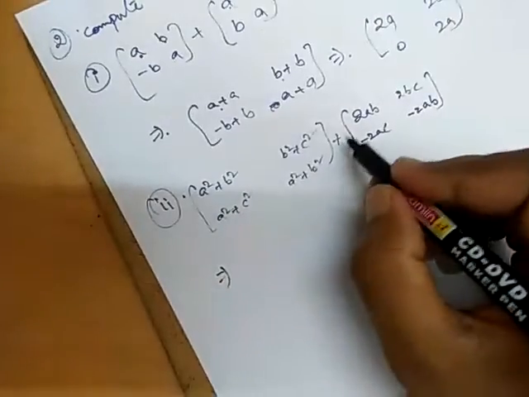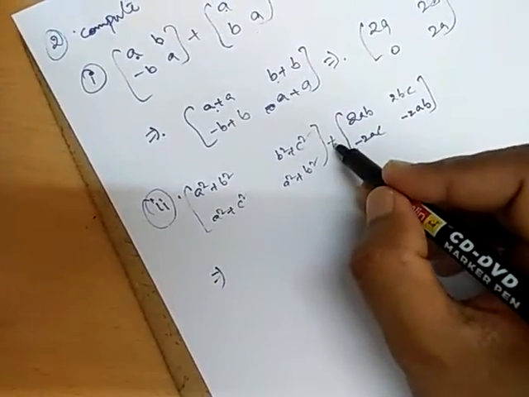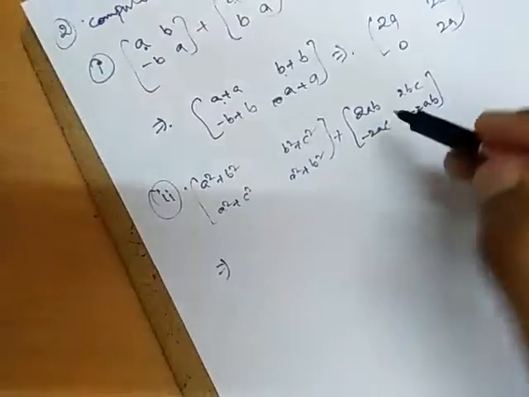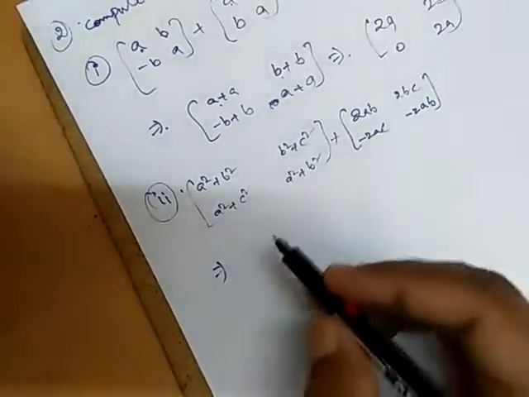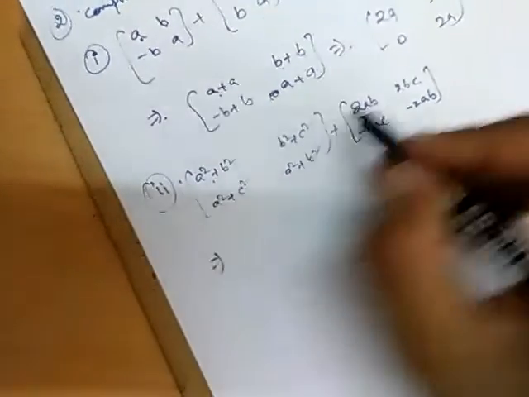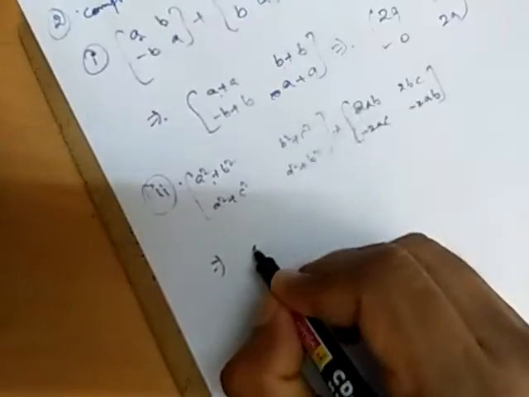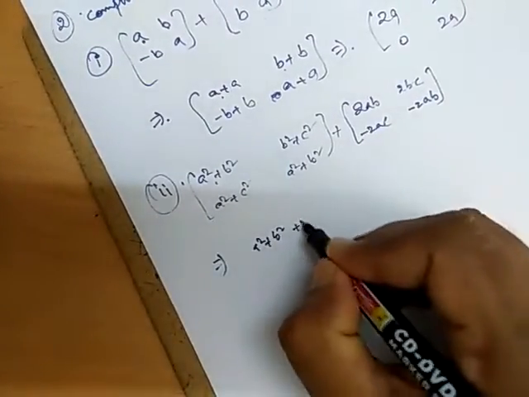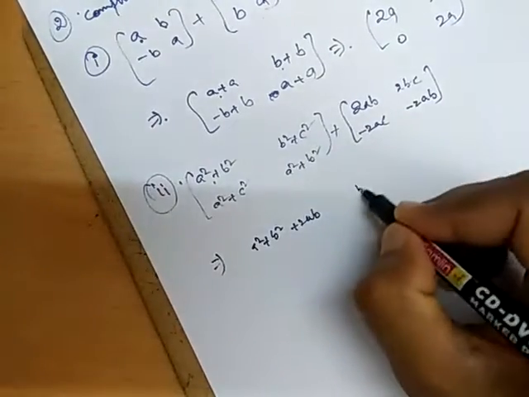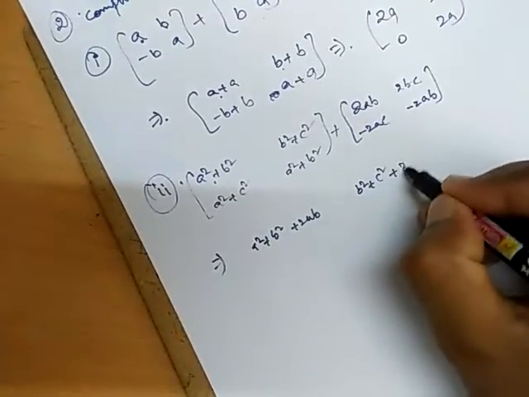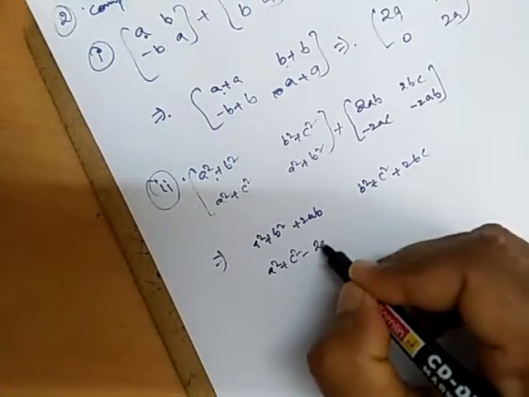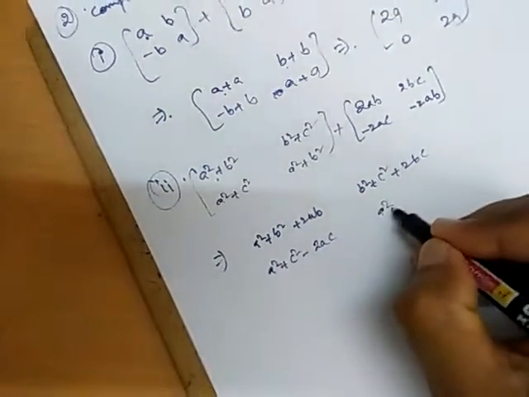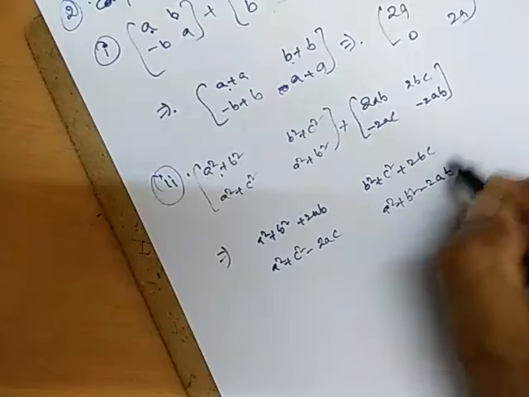Here we have the plus symbol, so you can add these two matrices. Corresponding elements should be added: A square plus B square plus 2AB, B square plus C square plus 2BC, A square plus C square minus 2AC, A square plus B square minus 2AB.